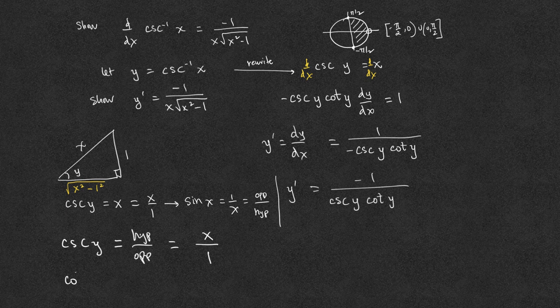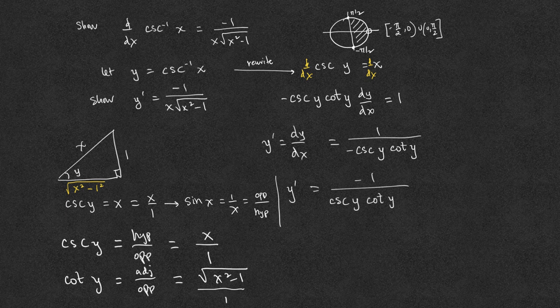Similarly, cotangent of y is the reciprocal of tangent, but tangent is opposite over adjacent, so cotangent is adjacent over opposite. The adjacent in this case is the square root of x squared minus 1, and the opposite is 1.